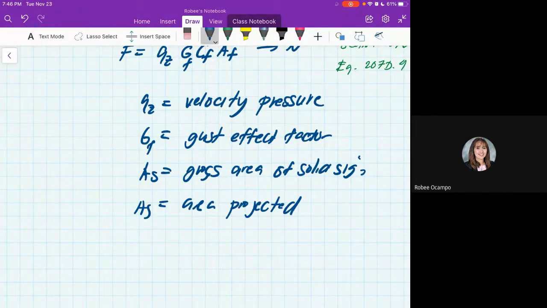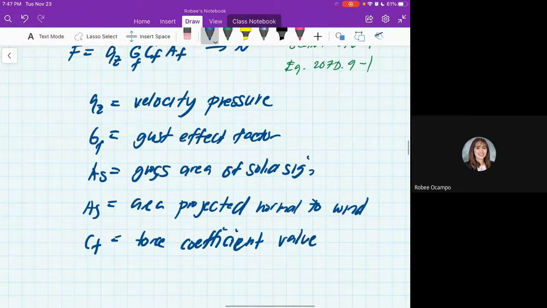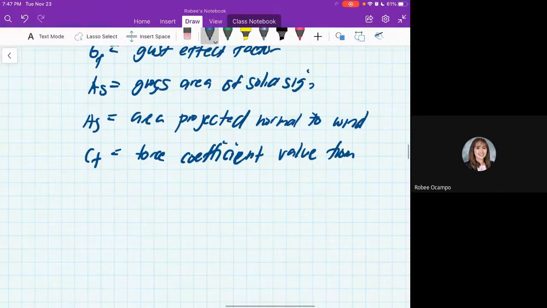And CF is the force coefficient from figure 207T.4-1.